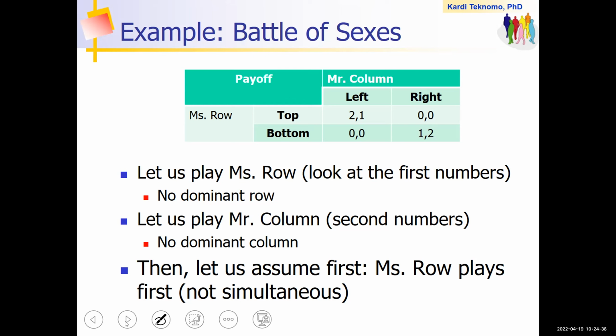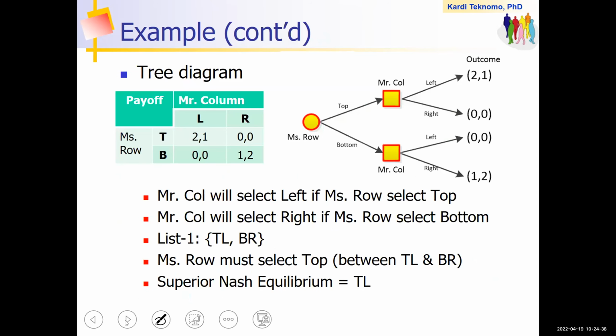That is the crucial assumption of the computation. So say Miss Row plays first. There are two possibilities, top and bottom. So this is the tree diagram. After that, Mr. Column will play either left or right. The outcomes are actually there. I just copied this payoff matrix into this tree.